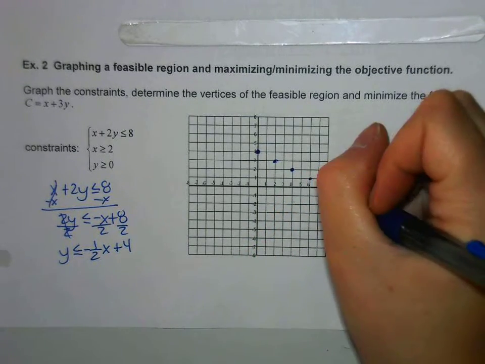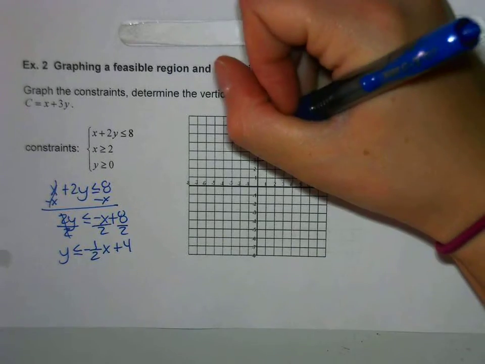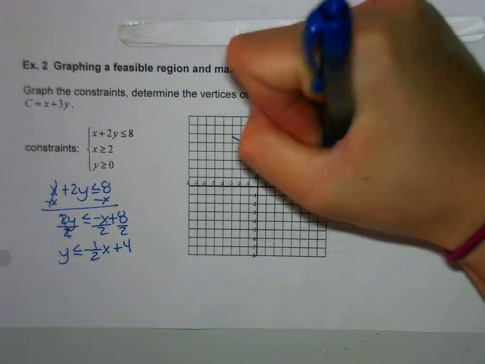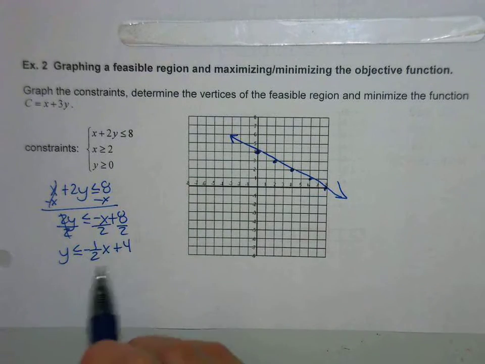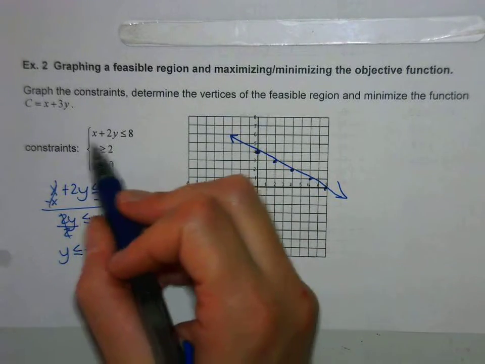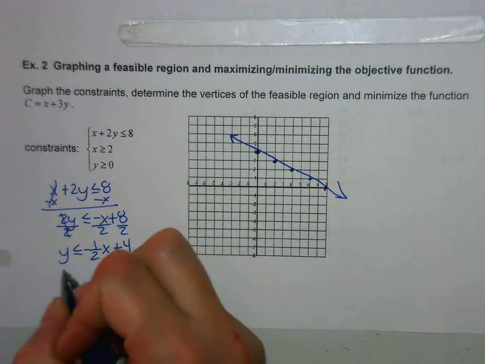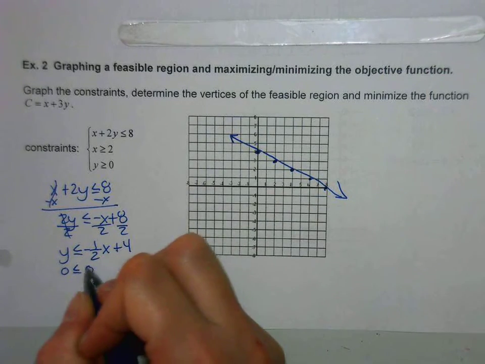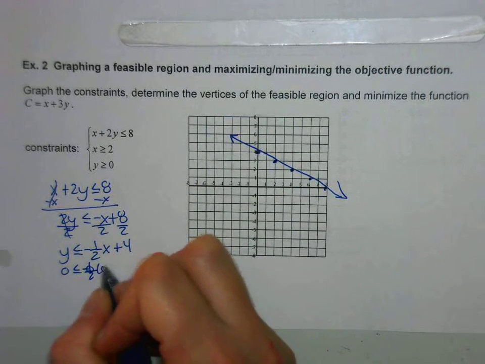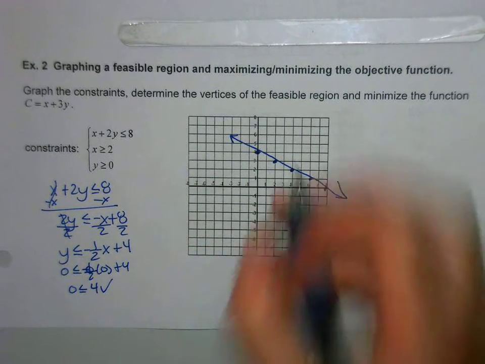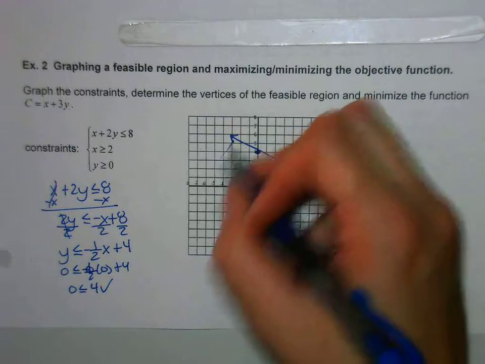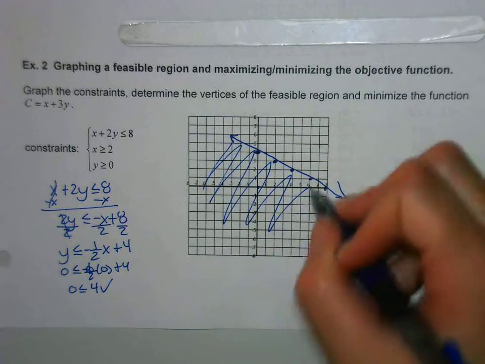So here's my first one. For my shading, since it's less than, I'm plugging in the point 0, 0. Is 0 less than or equal to 4? Yes, it is. So since that point's below, I'm shading everything below.